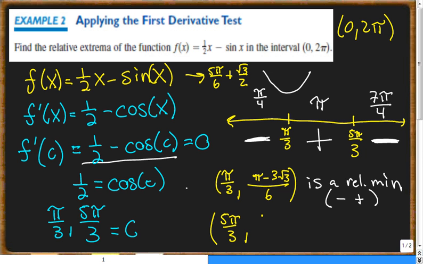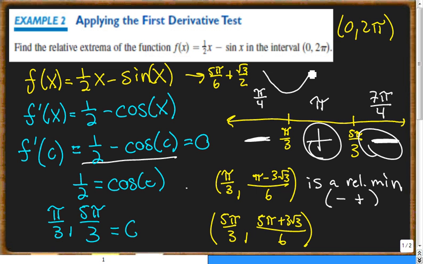I'm going to get 5 pi plus 3 square root of 3 over 6. And because it goes from a positive to a negative, it is a relative max. So it's just like the testing for whether it's positive or negative, but now you've got to list a little bit more than you did before.